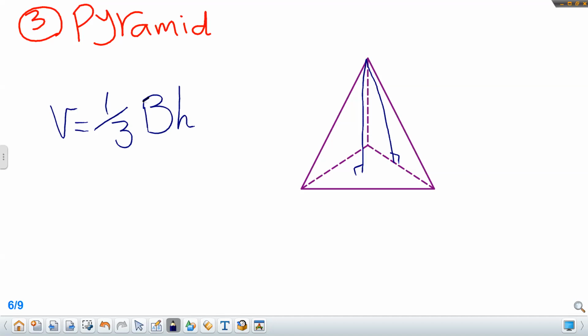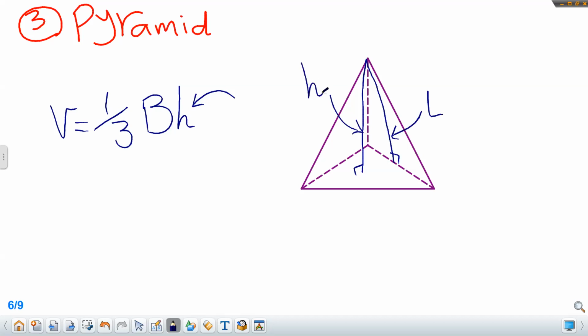So volume of the pyramid is 1 over 3 base area times height. So in the volume you will need height, but in the lateral area or total area you will need, yes, good, slant height, which is L.